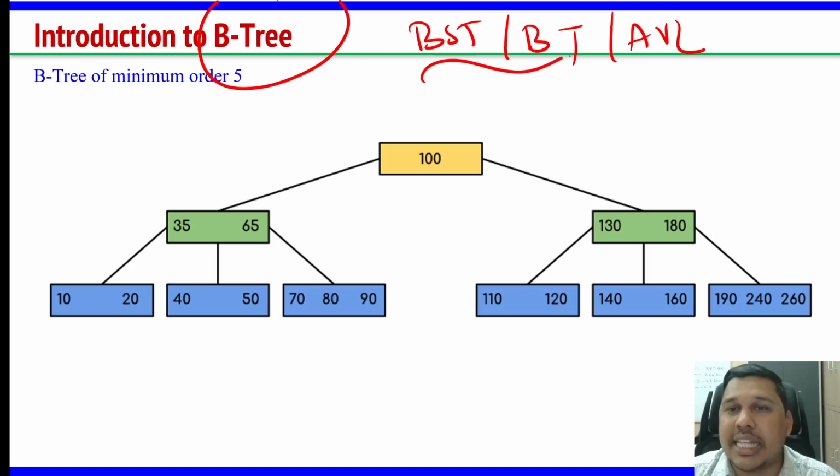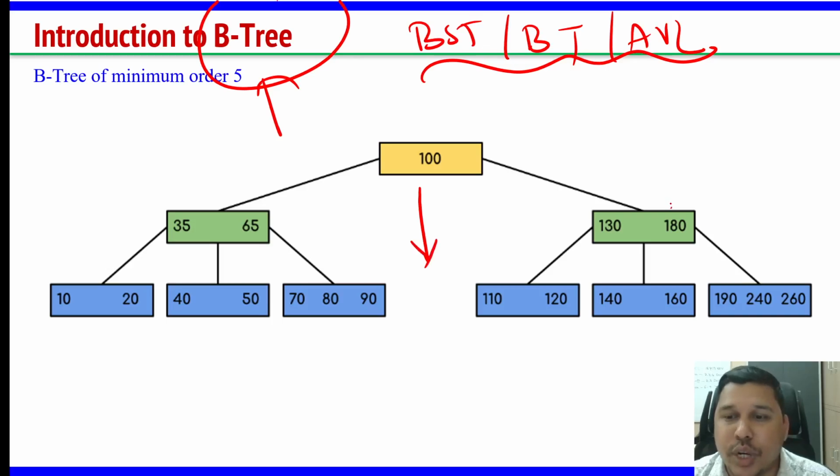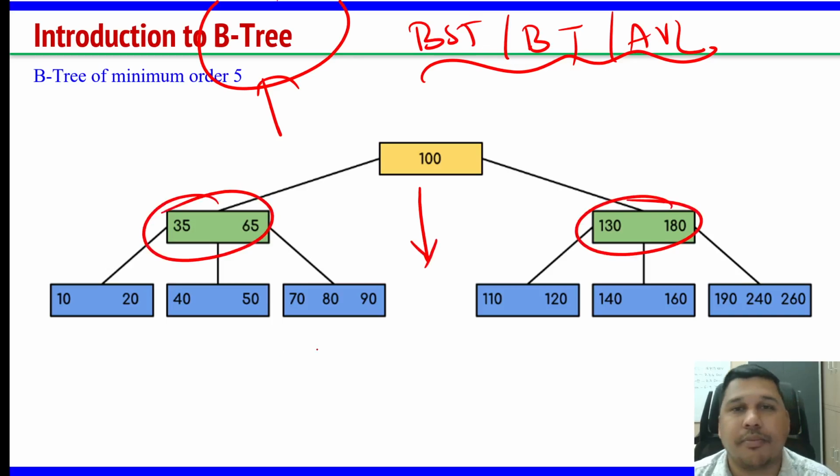Why? In all these 3, the logic is the same, the height problem is there. The height increases when the number of elements increases, complexity increases, and performance decreases. That is why we talk about B tree. In B tree, the advantage is the height has come down, and each node stores more elements.